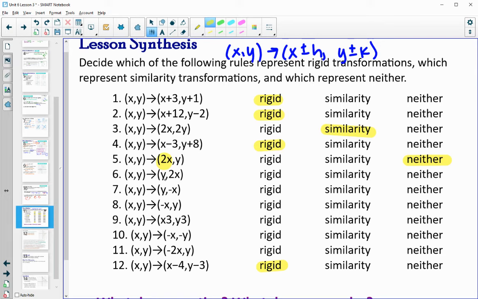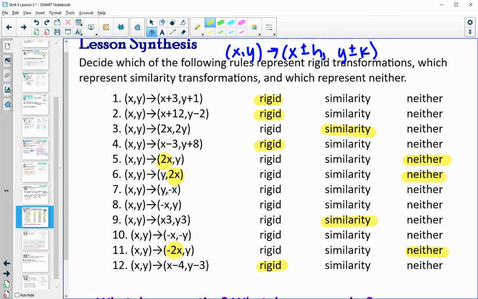This one switched the x and y, but also multiplied the x, but not the y. So it's not changing it at the same scale factor. Down here, x3 means x times 3, y times 3. So same scale factor. Different scale factor for the x than the y. So that's going to be neither.